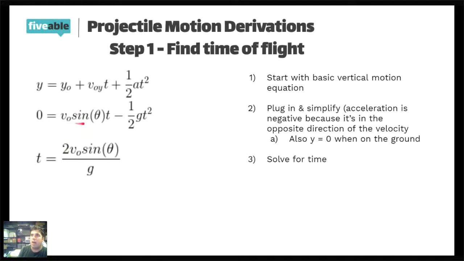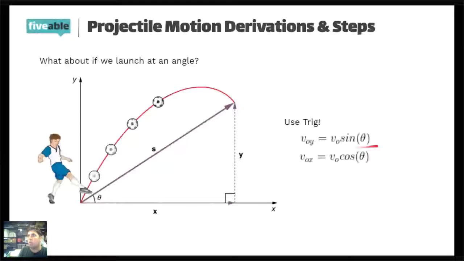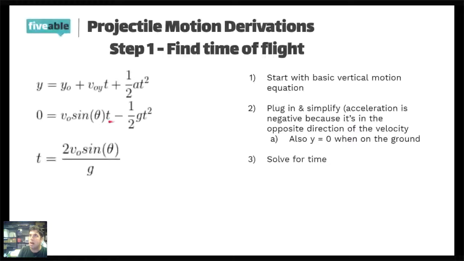We have our initial velocity vertically, v naught sine theta. As we saw from the trig equation here, we're looking for the vertical velocity, so that is v naught sine theta, times t, because t is there, and then minus 1/2 g t squared. The minus here comes from the fact that there was a difference in directions.